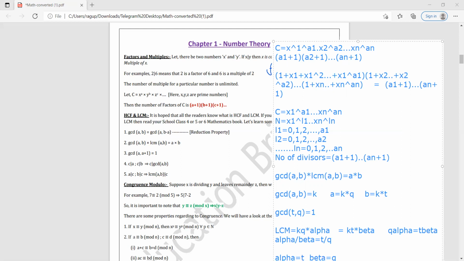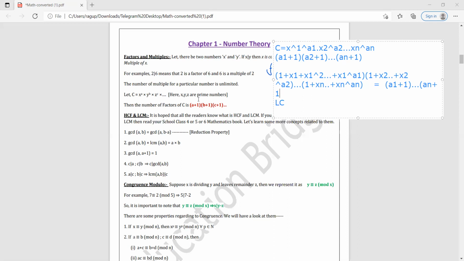Now if you check LCM into HCF, it would be equal to KQT into K, since our assumption was K is the GCD. This is KQ into KT, and KQ and KT were our numbers assumed by us, which are A and B. Thus LCM into HCF is equal to A into B.